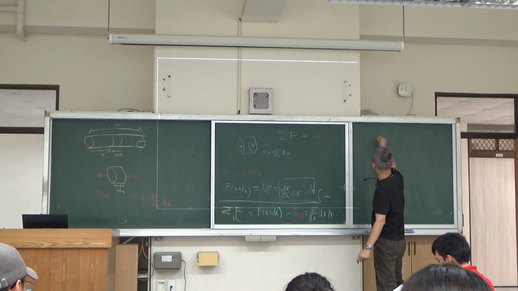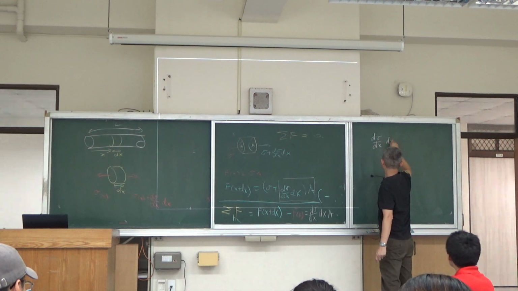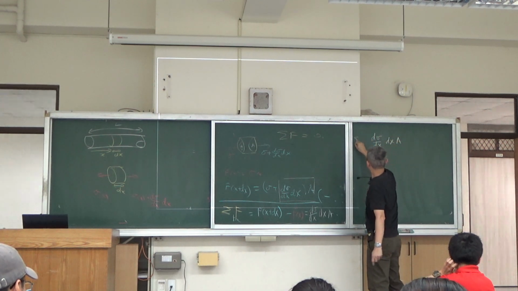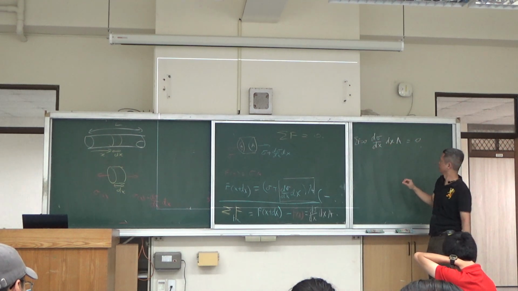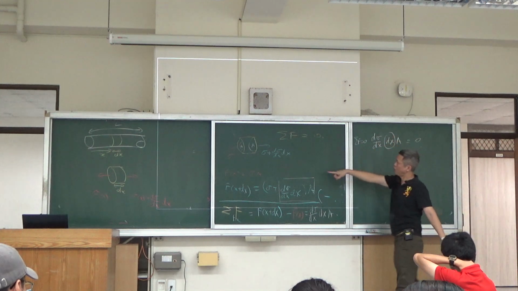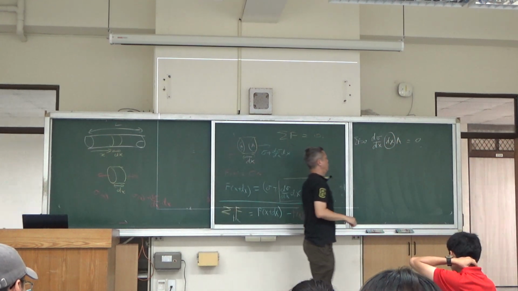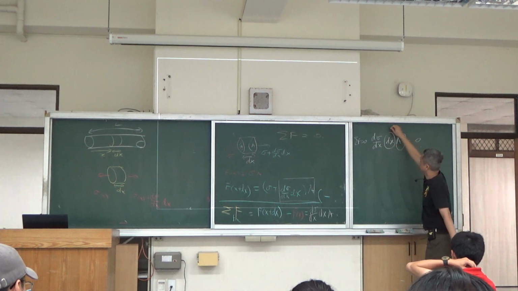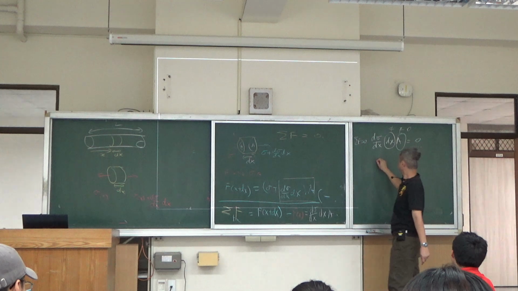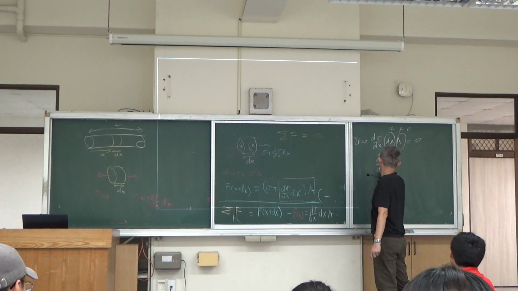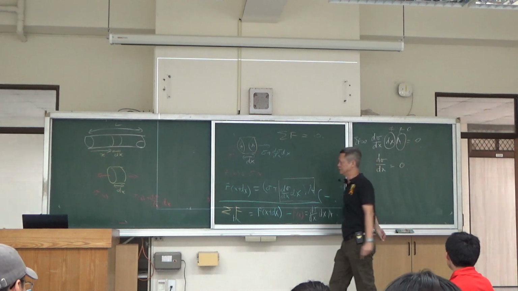If you now bring the whole expression above, d sigma dx times the area, this is the force sum 0. So this thing is 0. The small segment dx cannot be 0. The cross-sectional area cannot be 0. So the only possibility is the stress change along the length is 0. Okay?